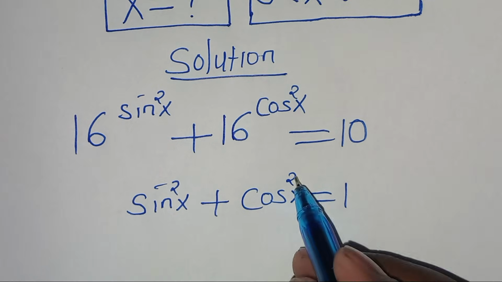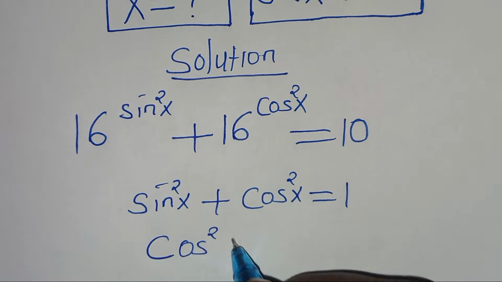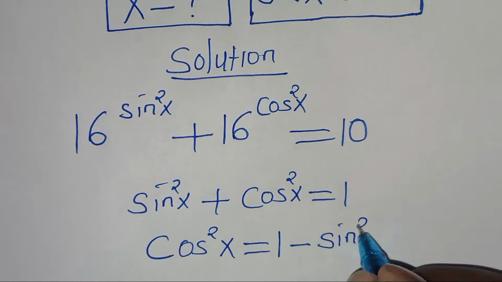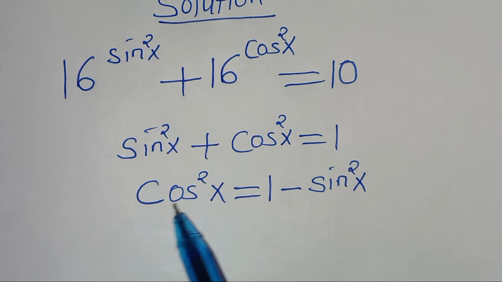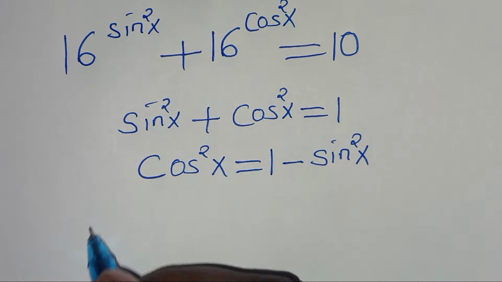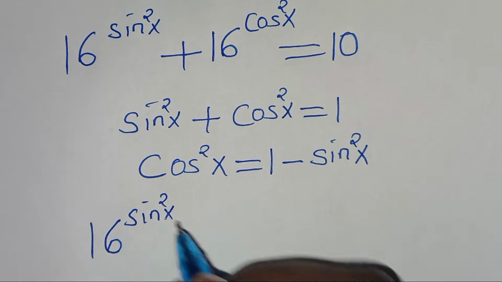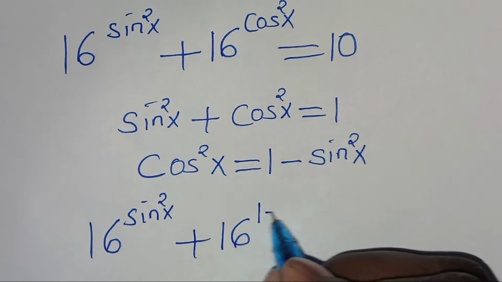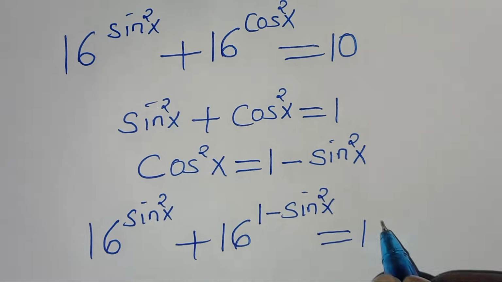We can make cos squared x the subject of the formula, so that cos squared x is equal to 1 minus sine squared x. Now, let's substitute cos squared x with 1 minus sine squared x, so that we have 16 raised to the power of sine squared x plus 16 raised to the power of 1 minus sine squared x. This is equal to 10.